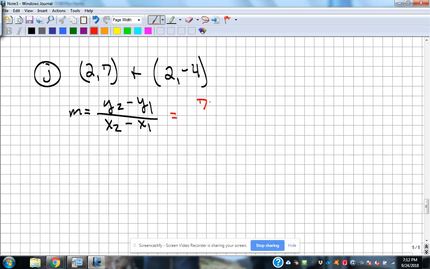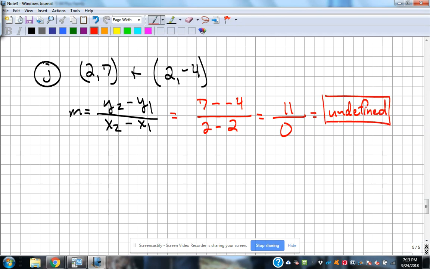Okay, 7 minus -4 over 2 minus 2. That'd be 11 over 0. Undefined. Why is it undefined? What's the only undefined operation in mathematics? Dividing by what number? 0.